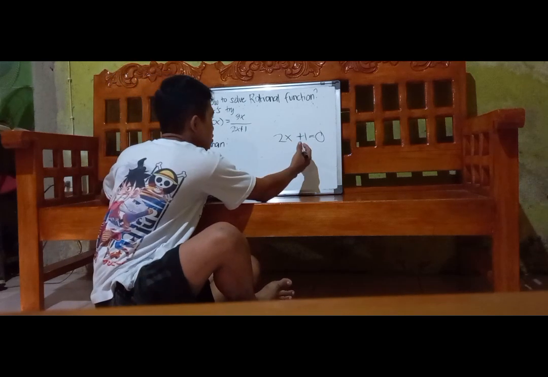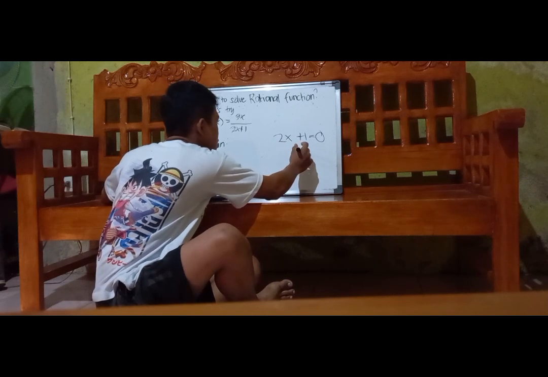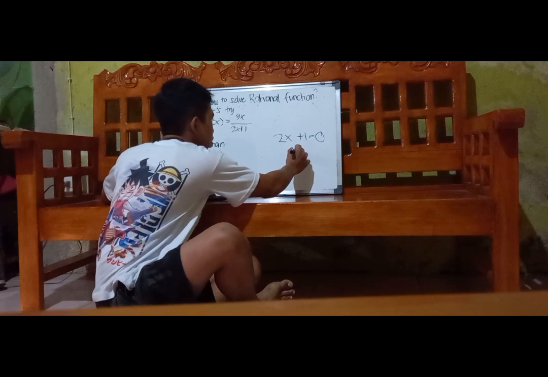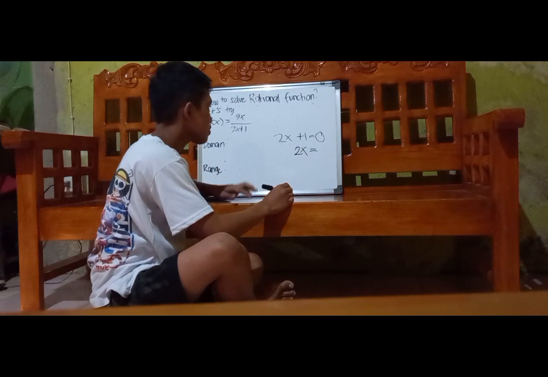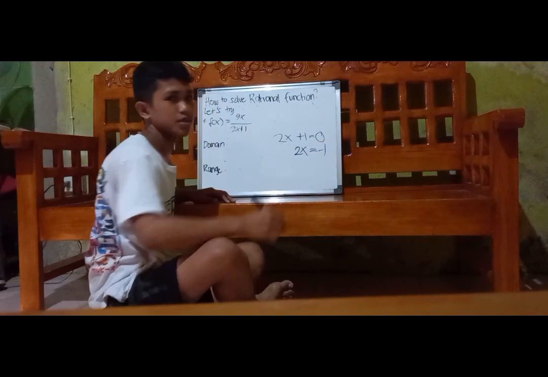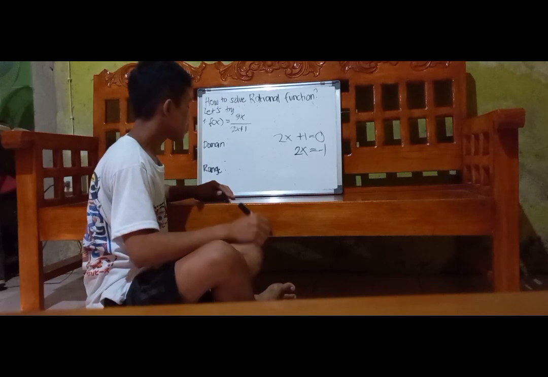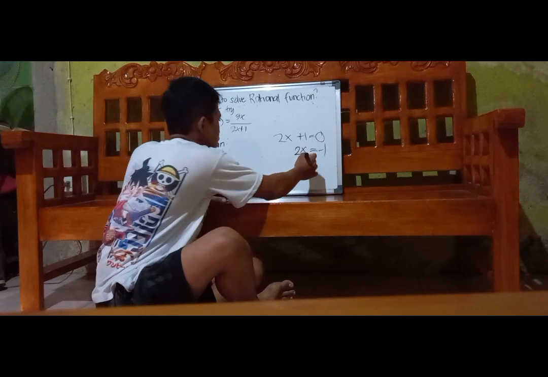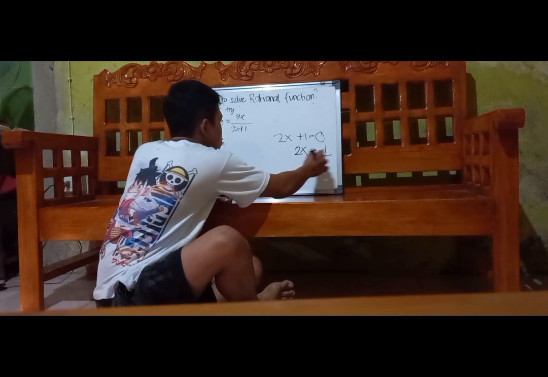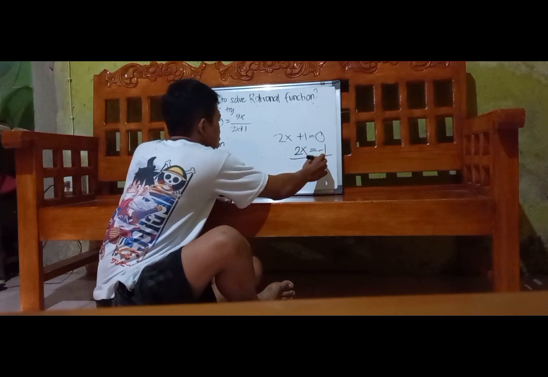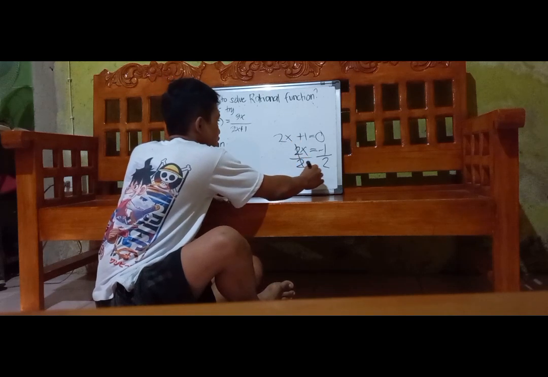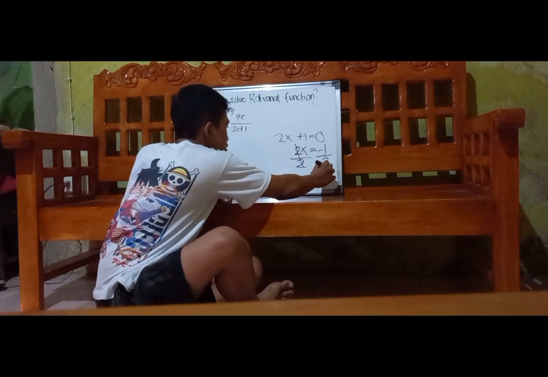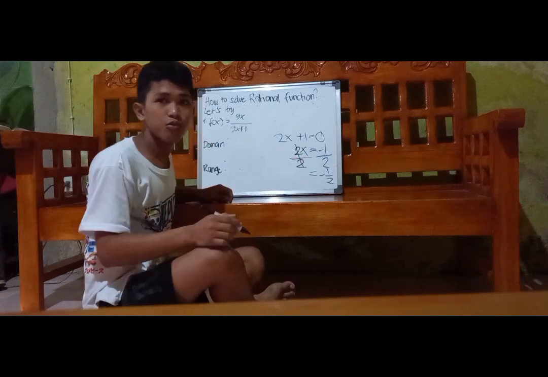And you write 2x equals negative 1. And then you divide by 2 and cancel it, and now your domain is negative 1/2.